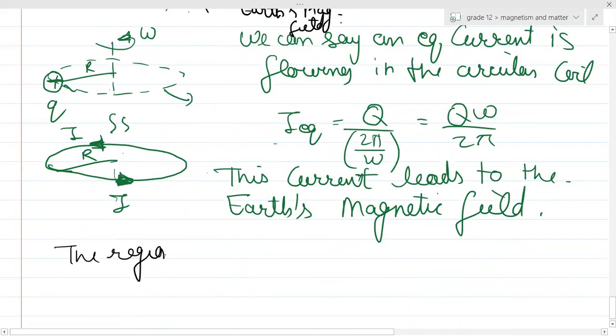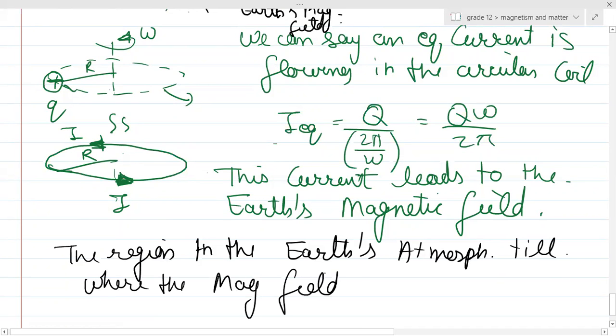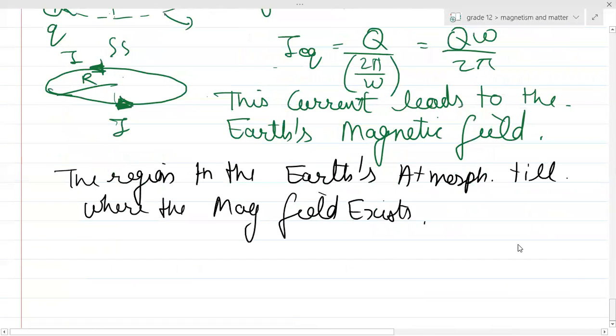The region in the Earth's atmosphere till where the magnetic field exists, as though it exists till infinity, right? We all know this particular thing, but infinity doesn't exist. At one particular time, it will be of so much negligible value that you won't feel it anymore, right? Is basically called as magnetosphere.